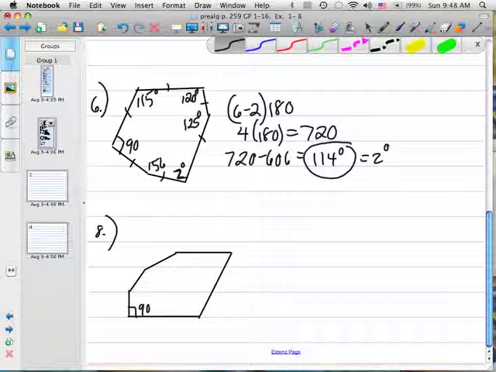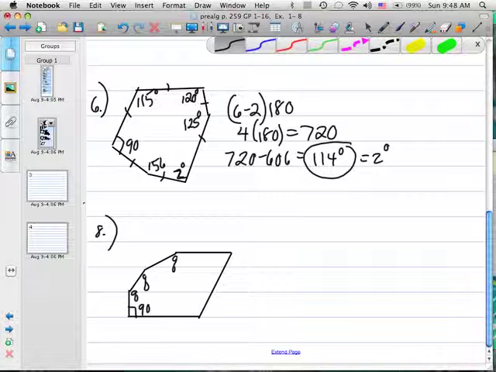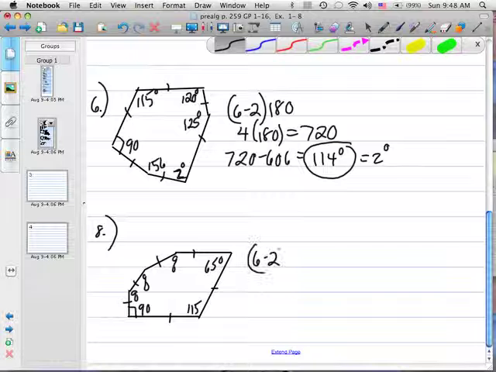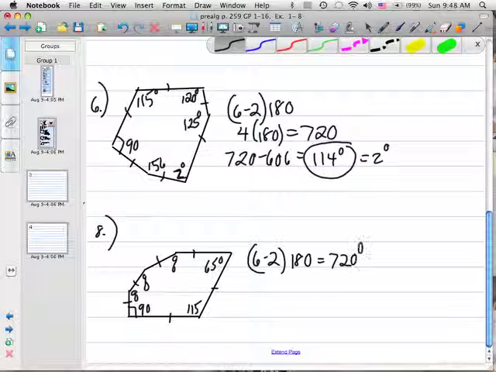So this is 90, and this is Q, and this is Q, and this is Q. And since they're all the same variable, they're the same number of degrees. So we have 1, 2, 3, 4, 5, 6 sides. So it's going to be like the last one. 6 minus 2 times 180 is going to be 720 degrees. We already worked that one out.